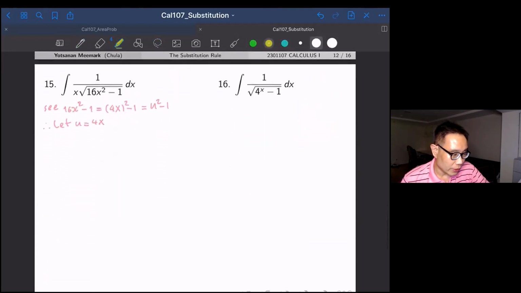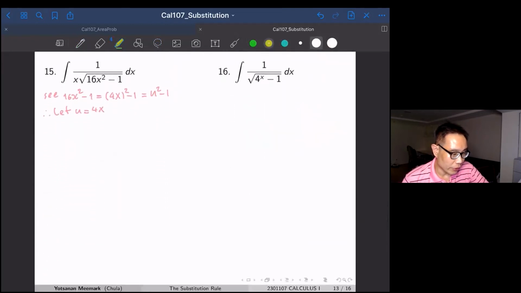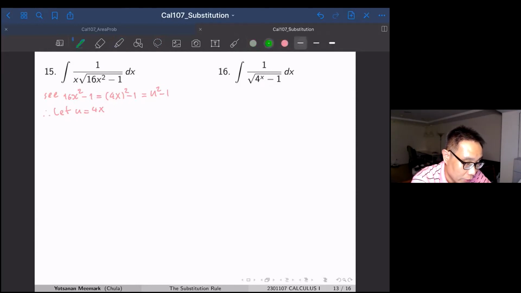For 15, it's going to be 1 over x times the square root of 16x squared minus 1. In this case, u equals 4x, and you're going to have du equal to 4 dx, so you get dx.